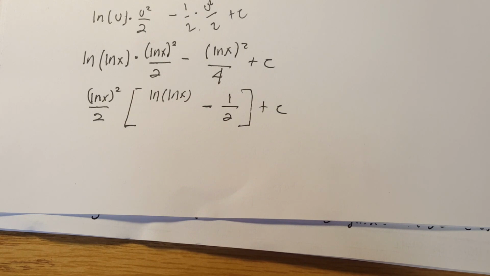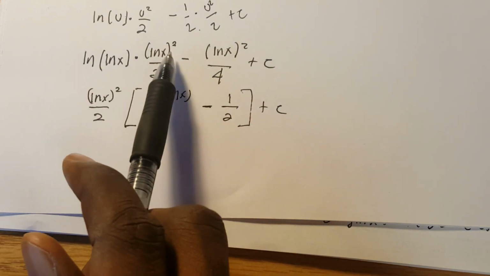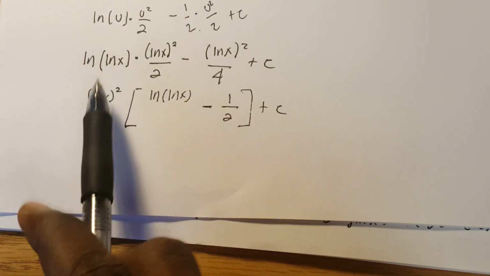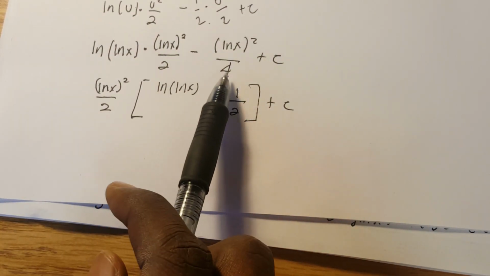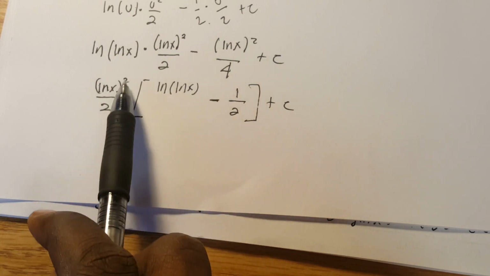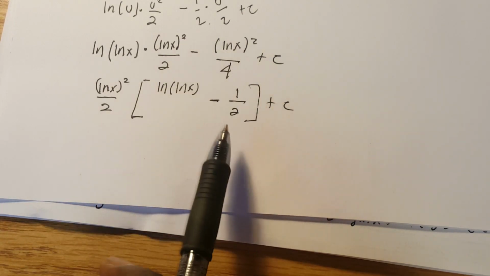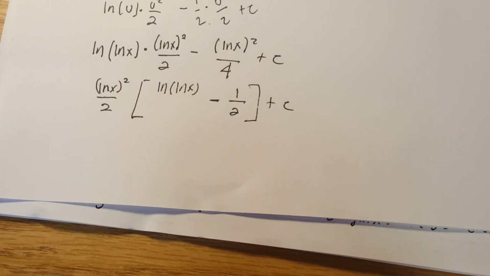So we took this guy out, so we were left with this guy right here. Then this one we took out too, so we were left with only 2 here. So that is the final answer.